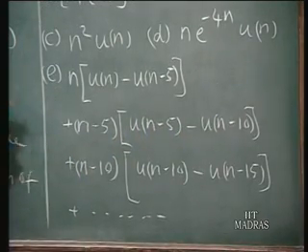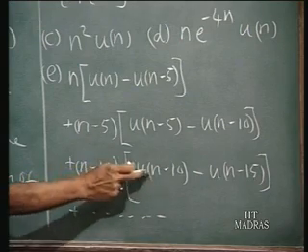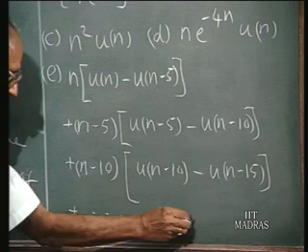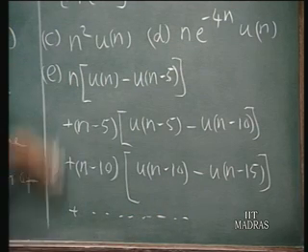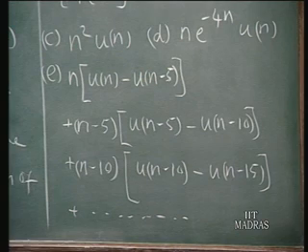This again is a set of samples, plus n minus 10 multiplying un minus 10 minus un minus 15, and this pattern repeats itself endlessly. So I put dotted lines. So it will go on like this. Next is n minus 15 times un minus 15 minus un minus 20, and so on and so forth.